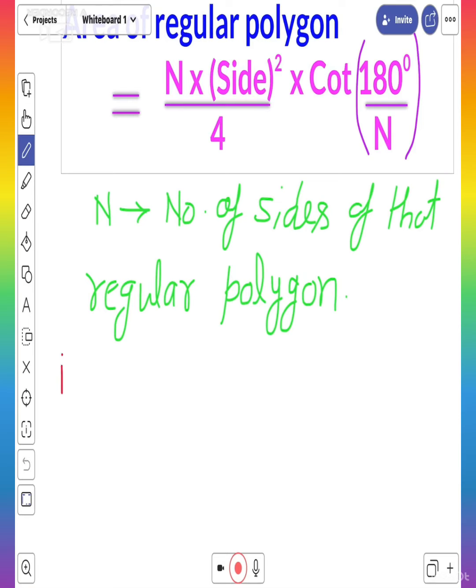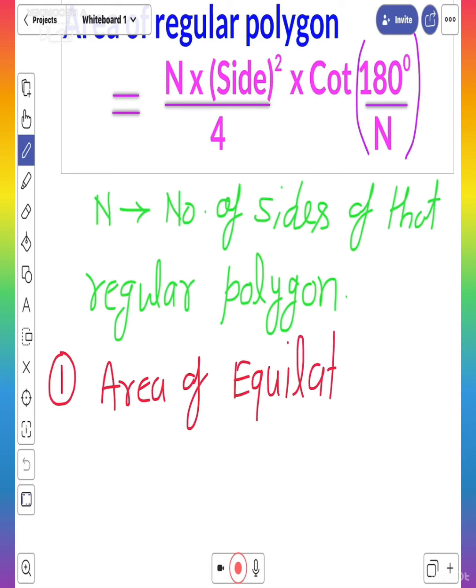Number one, area of an equilateral triangle, because this is a regular polygon having the least number of sides.